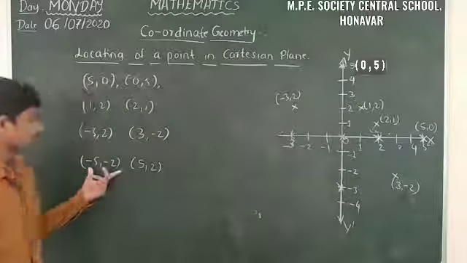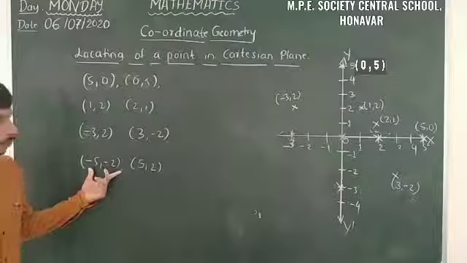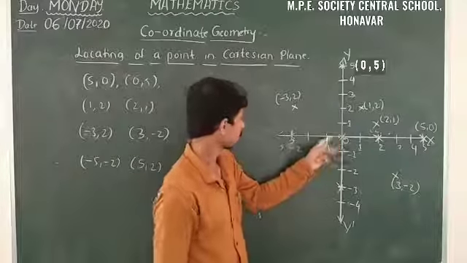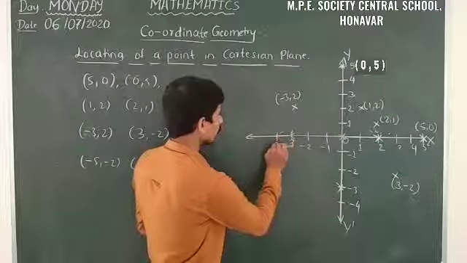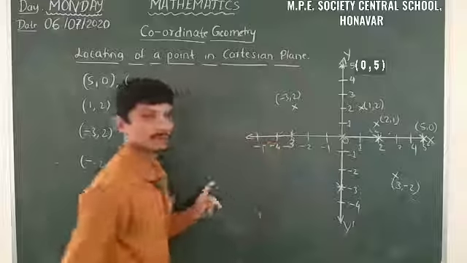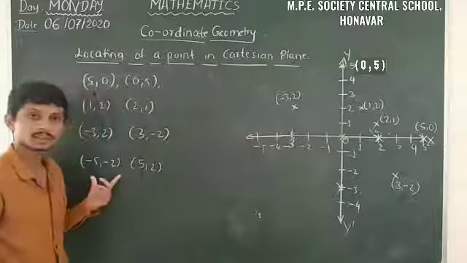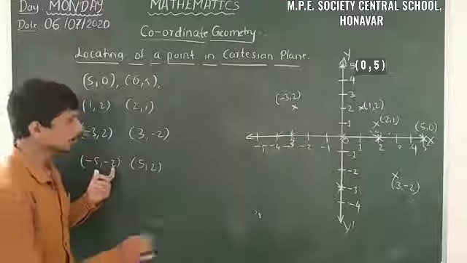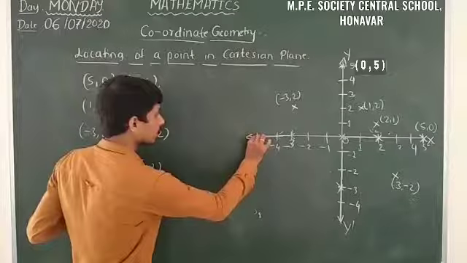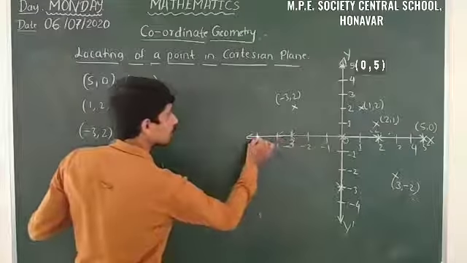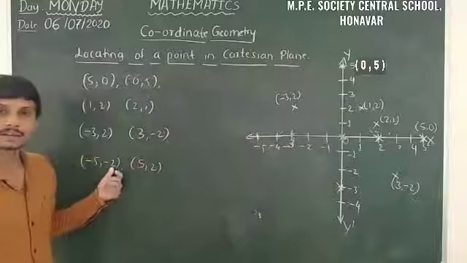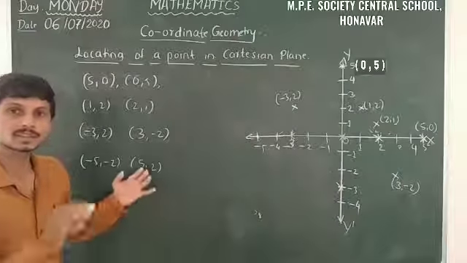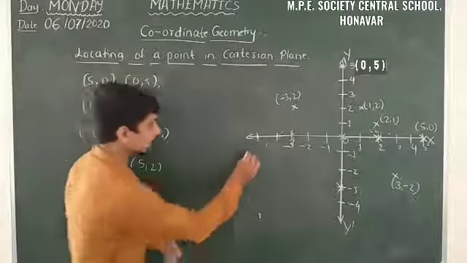Then (-5, -2). Firstly we take -5, so here I will extend the axis. We take the perpendicular distance from the y-axis, that is -5, and from there we go in the negative y direction up to -2.